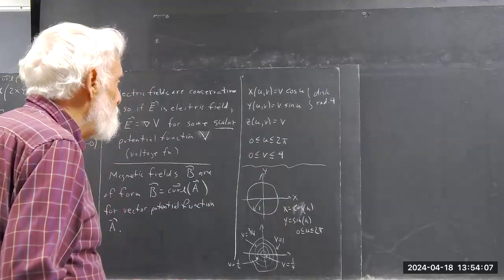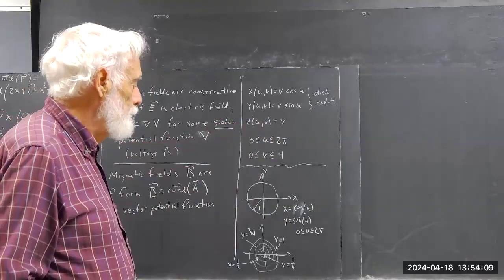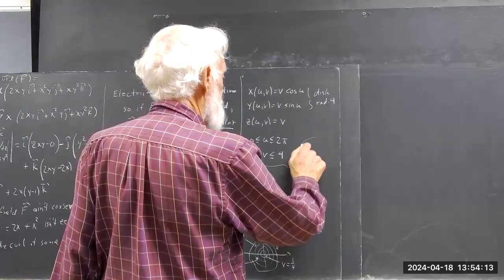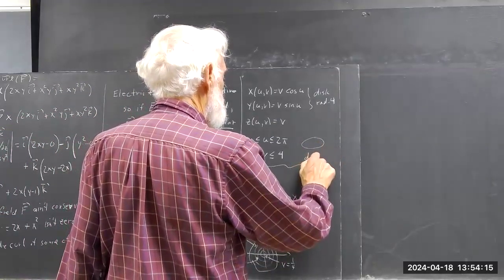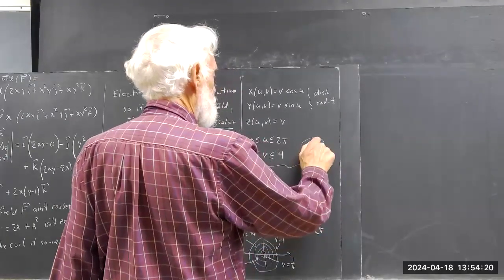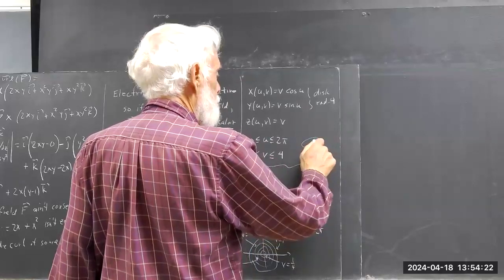Now, z is equal to b. Well, that means above each disk of radius b, we come up b units.